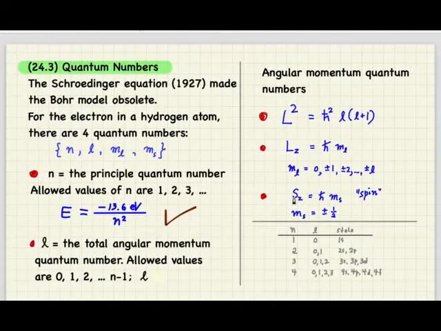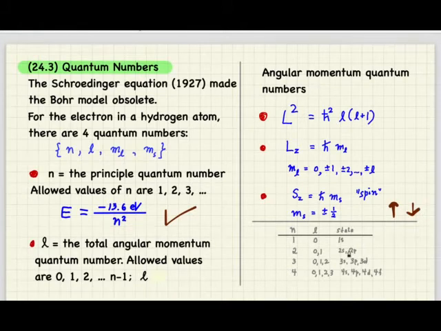The Z component of the spin can be h bar times M sub S, and M sub S only has 2 values, plus a half or minus a half. So you can have a spin up electron, which has S sub Z as h bar over 2, or you can have a spin down electron, which has S sub Z as minus h bar over 2.